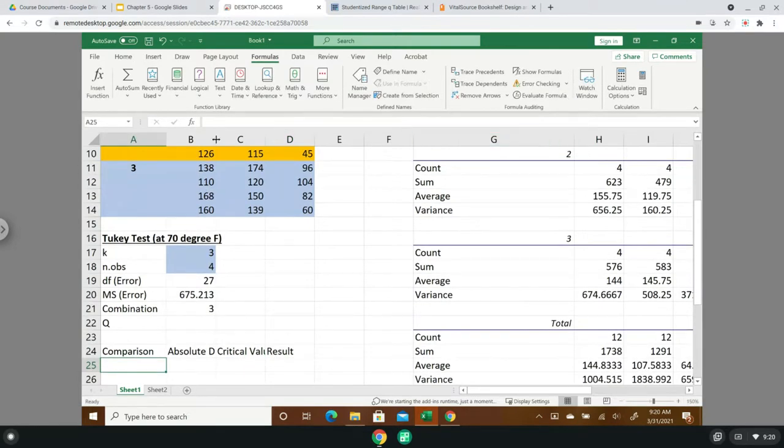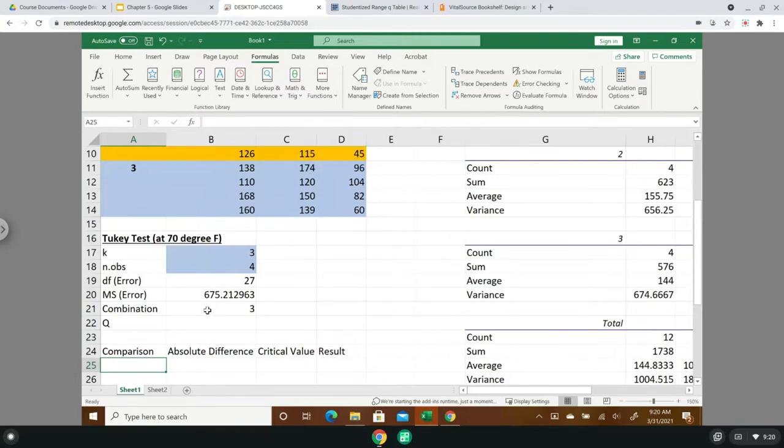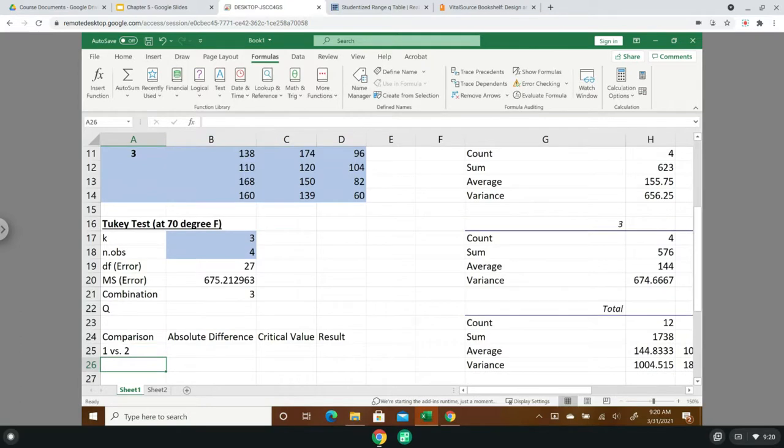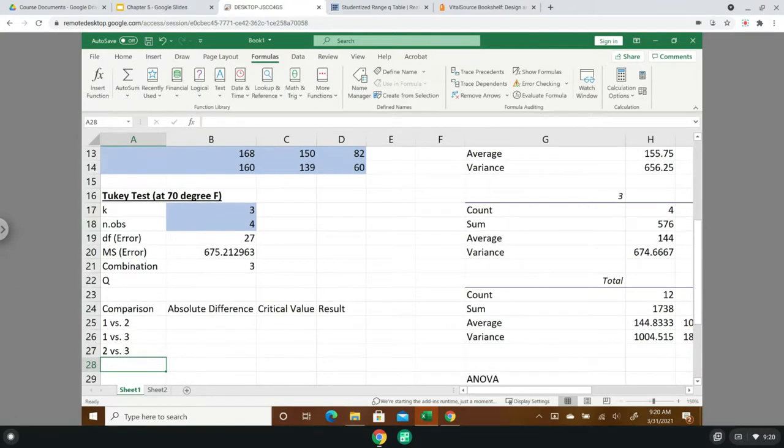So as we said, we have three different comparisons. One would be 1 versus 2, material type 1 versus 2. Then second would be 1 versus 3, and third would be 2 versus 3. So these three comparisons we have to perform. Maybe I will make this bold here.